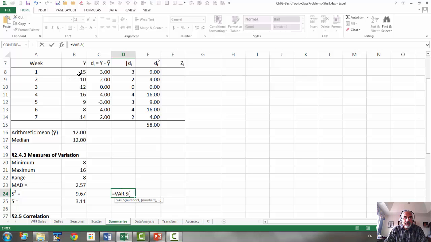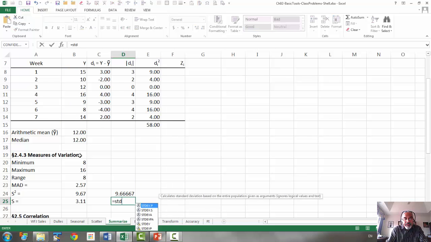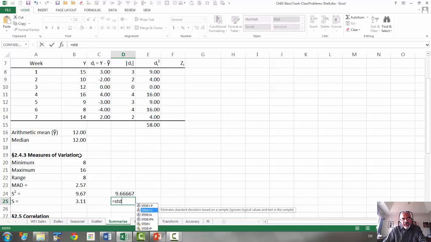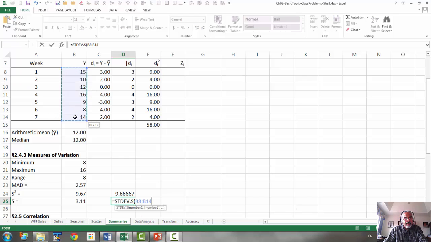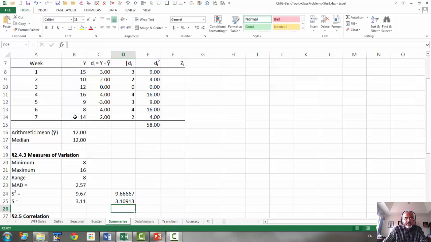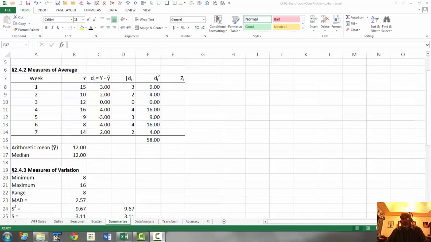You provide the y values. That will give us the variance, and you can take a square root of that, or you can use the STDEV.S function. That will give us the standard deviation, which is the same as these two values.